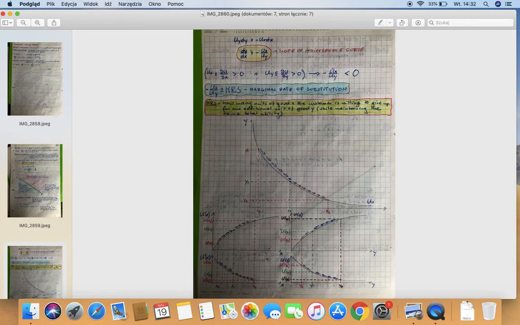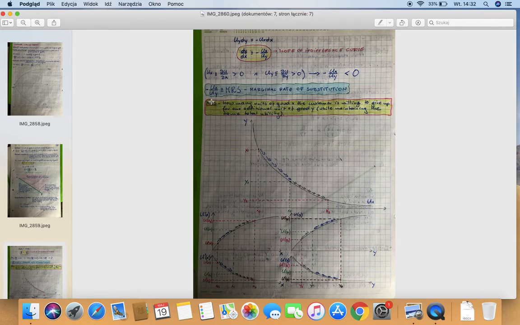if I divide Ux by Uy, both positive numbers, I get a positive number, but we have a minus up front, which means that the slope of the indifference curve is negative. And actually, the slope of the indifference curve in microeconomics we call the marginal rate of substitution.